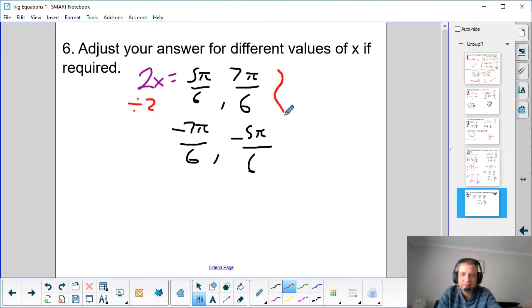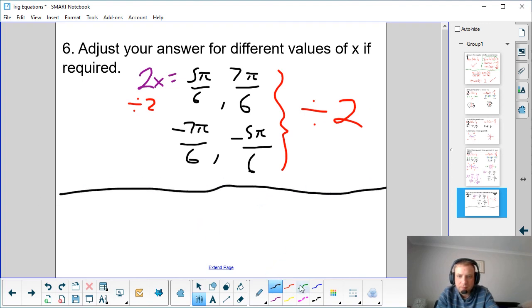So I'm going to divide everything here by 2. It's not going to change too much. Just going to change that denominator. So instead of being 5 pi on 6, it's now 5 pi on 12.